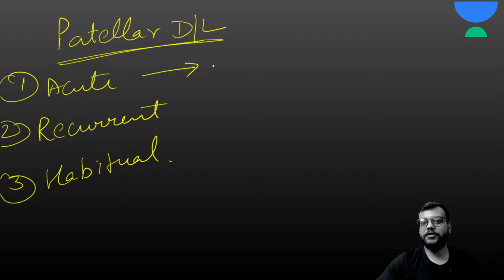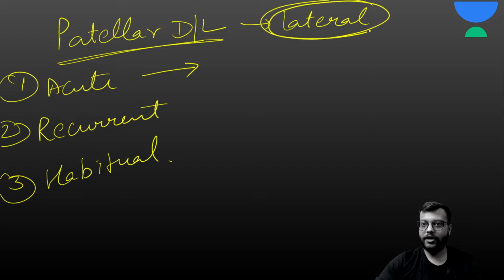Acute, as the name suggests, occurs due to an acute injury, generally if there is any trauma to the flexed knee. Okay, and patellar dislocations generally occur in the lateral direction, and the extensor mechanism is lost.